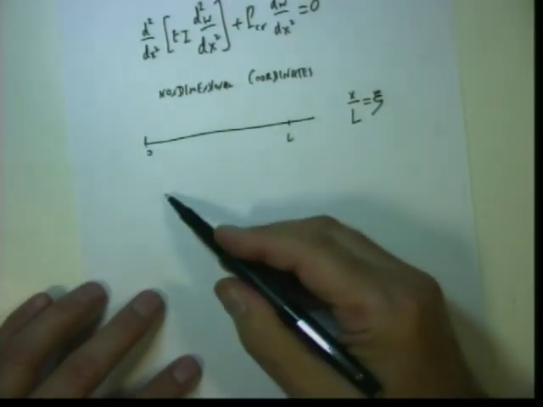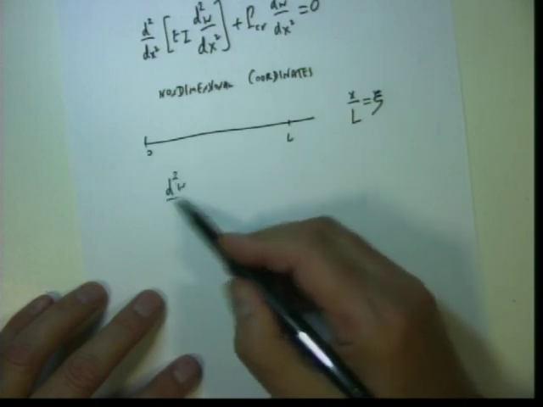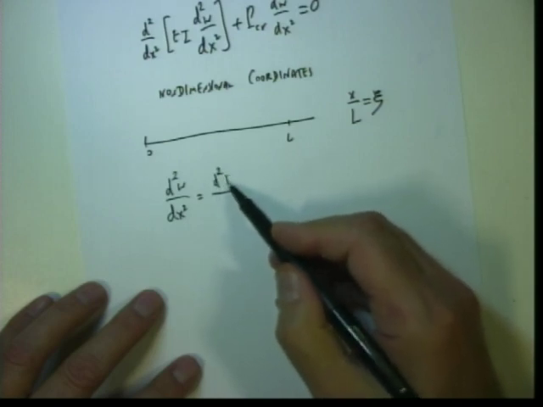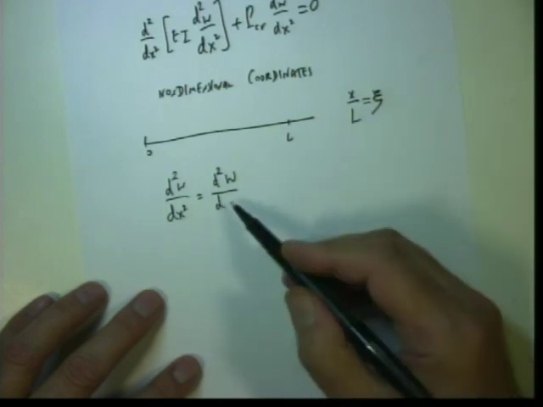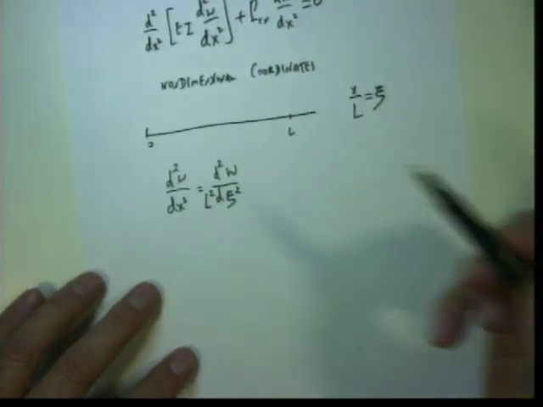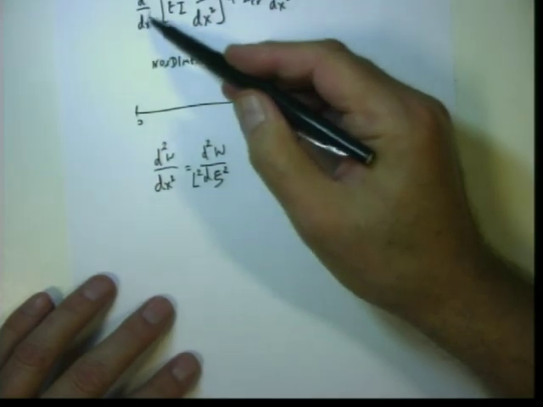Okay? Then d2w/dx squared will be d2w, and x is L times xi, so that will be L squared d xi squared. So here will also be the same.